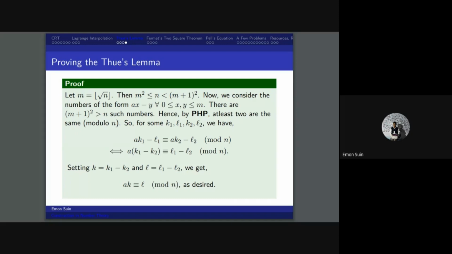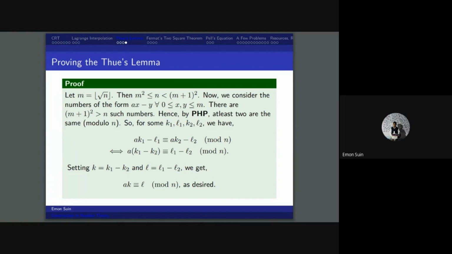Let m equal the square root of n, and thereafter we take k equal to k1 minus k2 and l equal to l1 minus l2. We are assuming some values of x and y to be at most root n. Yeah, exactly. It's not like the previous CRT proof that used a complete construction, but there is a little bit of it here.